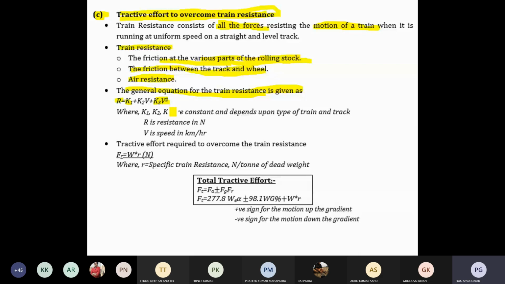Normally it is parabolic in nature. If you see the different load characteristics in any book, like Dubey.